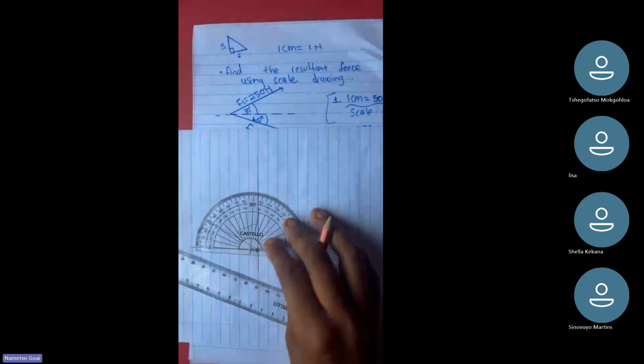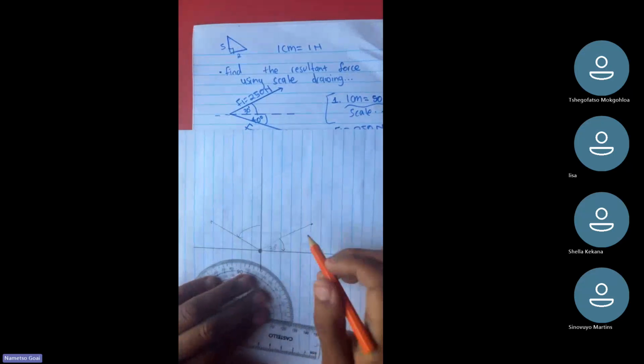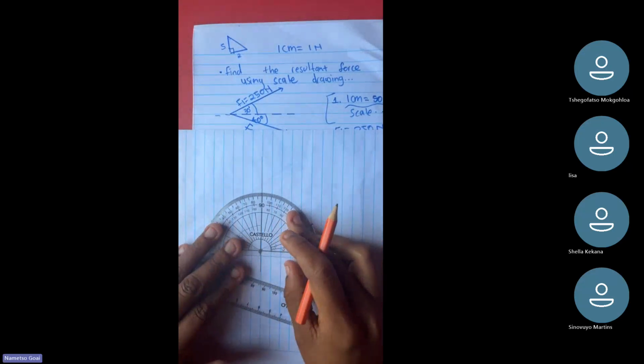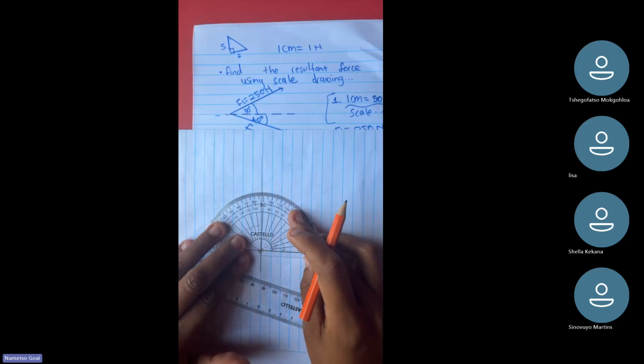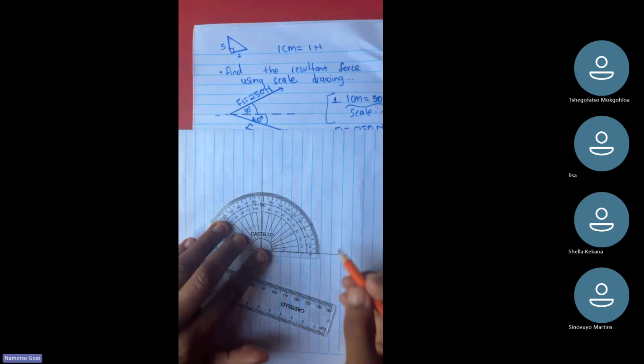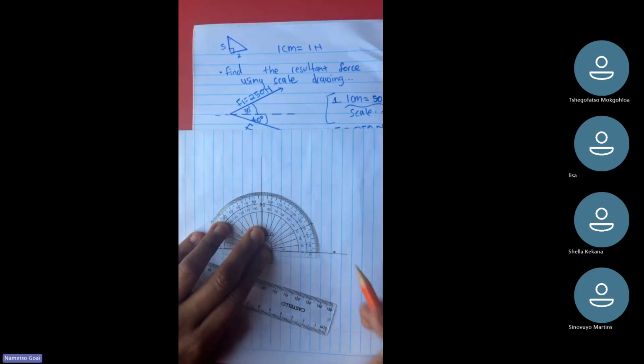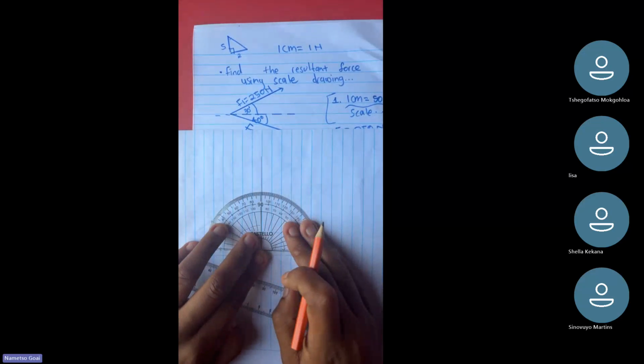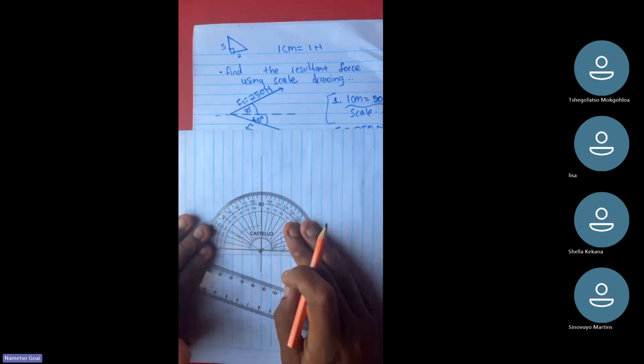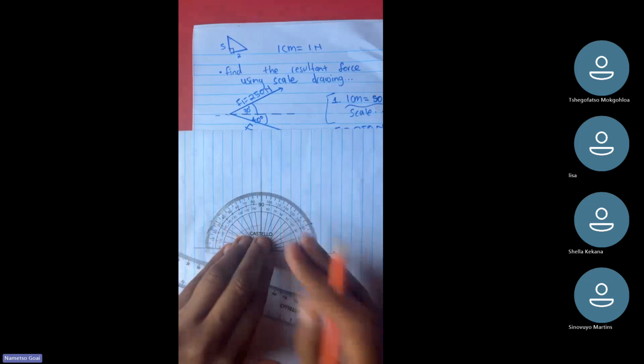So they're saying we measure from the right, the reason being we base it off the horizontal x-axis. If you were to measure from the left, you would get the supplementary.